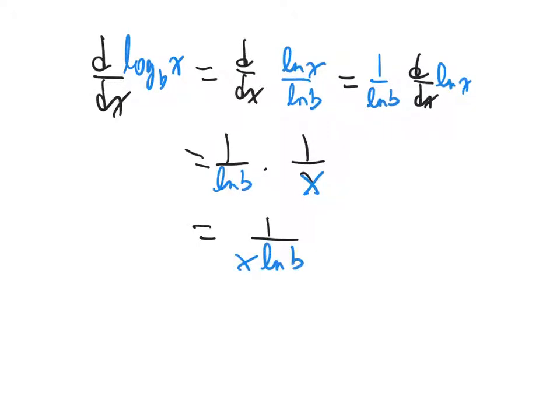So we've ended up with two new generalized derivative rules. One of which is that the derivative with respect to x of b to the x is just b to the x times the natural log of b.